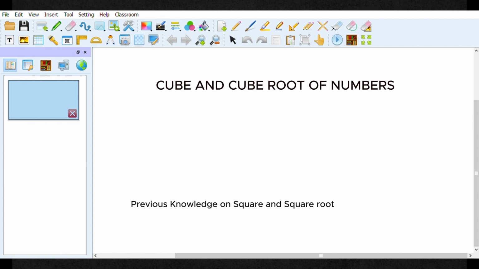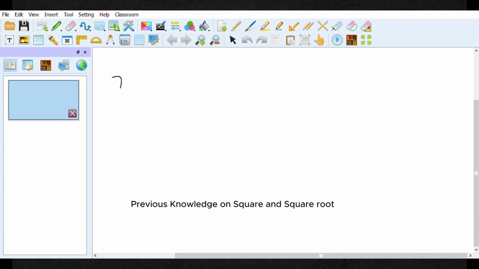We said the square of a number is the number obtained by multiplying a number by itself. When we multiply a number by itself, the result we get is the square of that number. Let's take a look at this example. What is the square of 7?